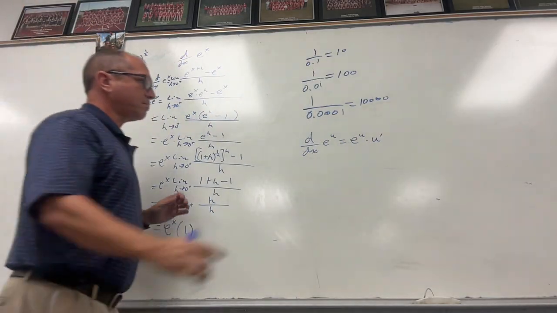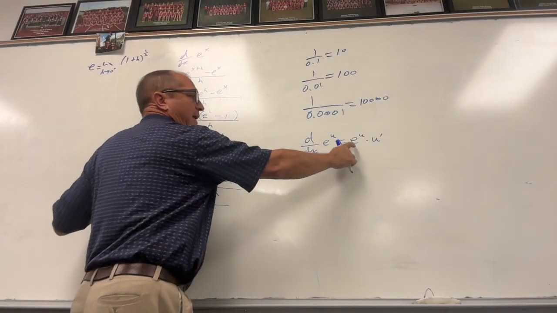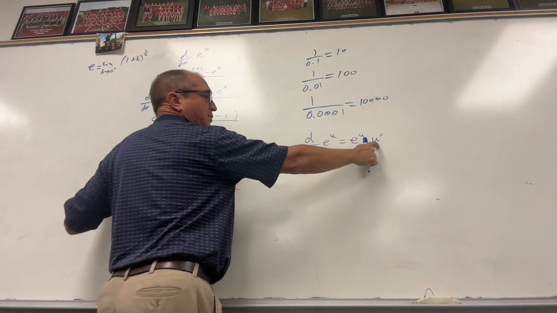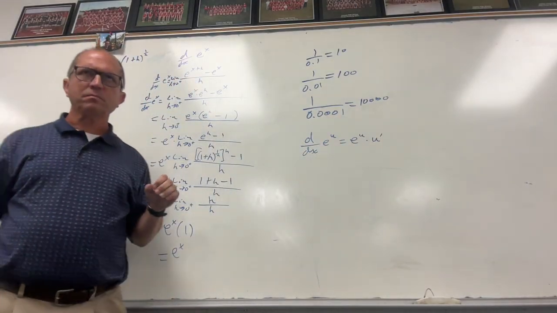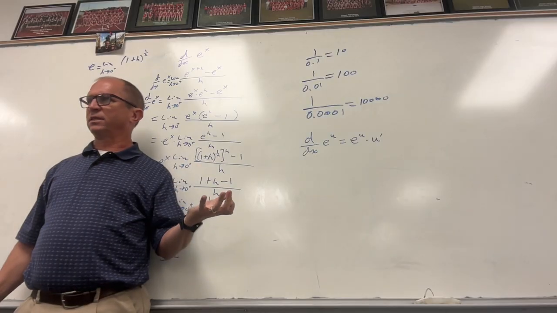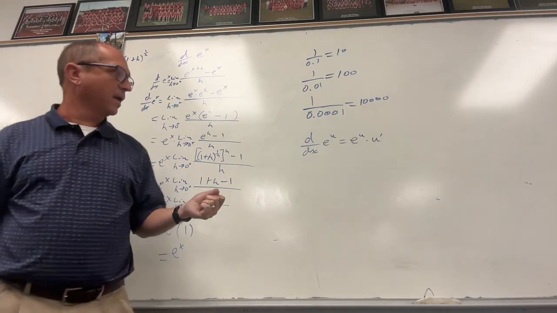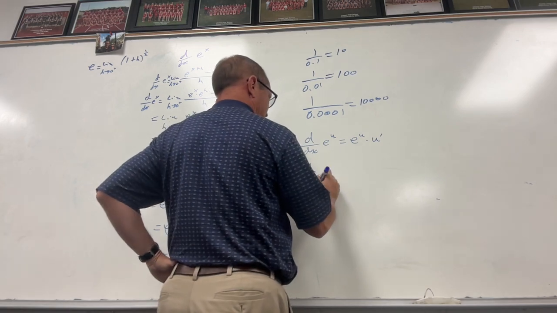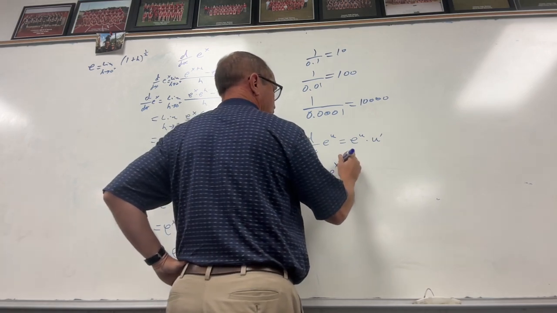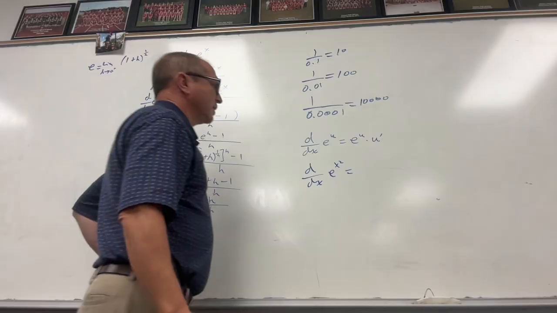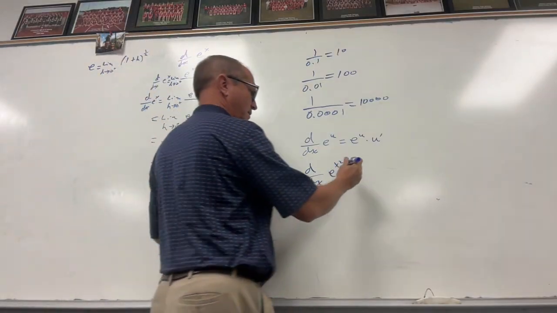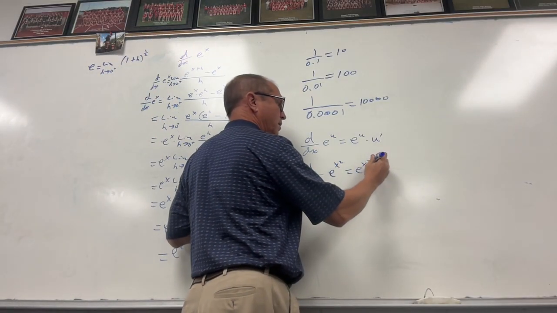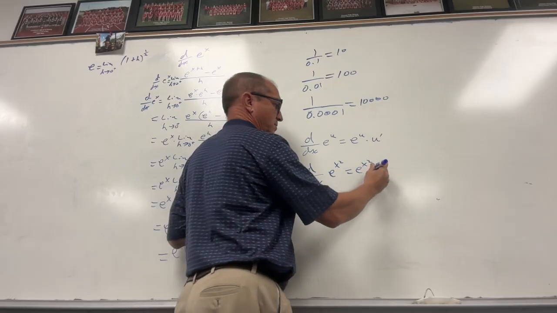So it's e to the exponent times the derivative of the exponent. So it's a chain rule in its own sense. Okay? So the derivative with respect to x of e to the x squared is e to the x squared times 2x.